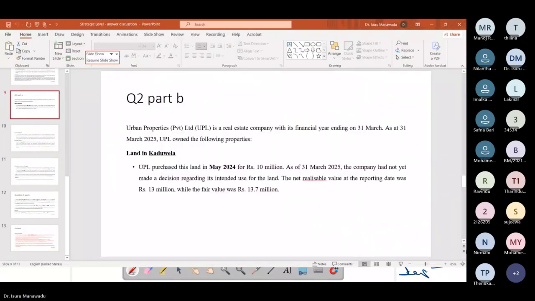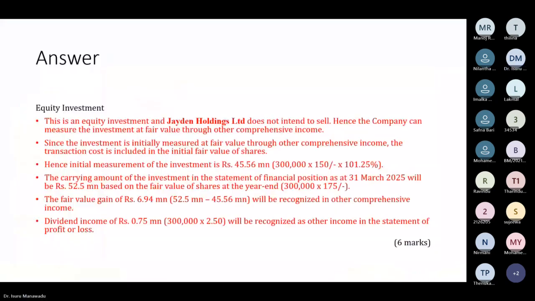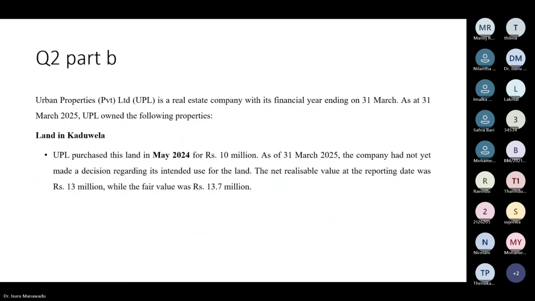Now there are a couple of lands and buildings. Urban Properties Private Limited is a real estate company with its financial year ending 31st March.